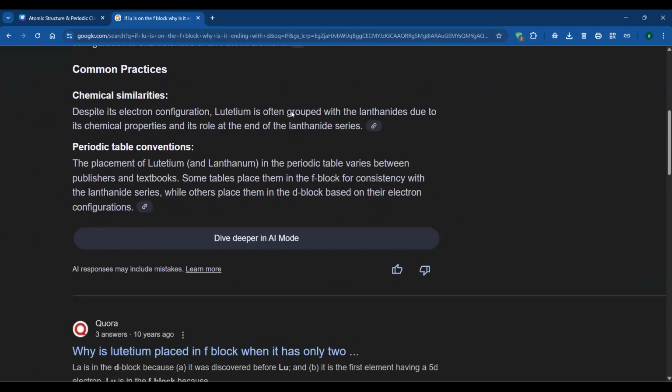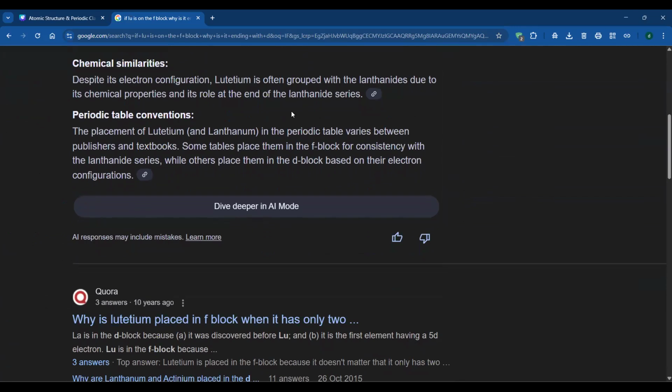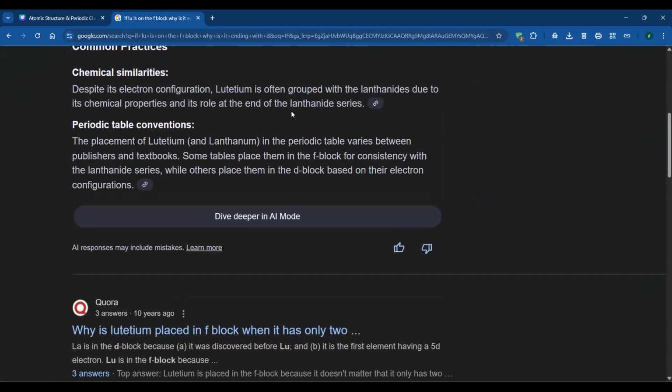Can you see what I'm reading? Good. Francis, do you want to read it for me? All right, go ahead. Chemical similarities. Despite its electron configuration, lutetium is often grouped with the lanthanides due to its chemical properties and its role at the end of the lanthanide series.